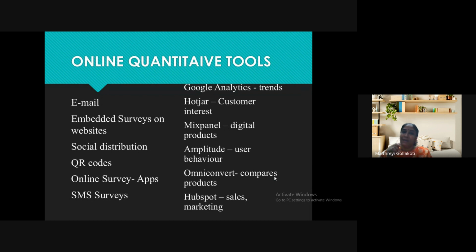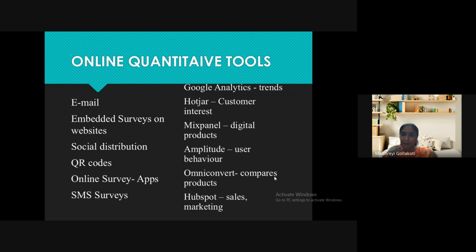And next is OmniConvert. OmniConvert actually compares different products. Any number of products you give to that software, it will try to compare. The best example is a mobile phone, isn't it? Whenever we try to buy a mobile phone on a website, it will give you a button saying compare.